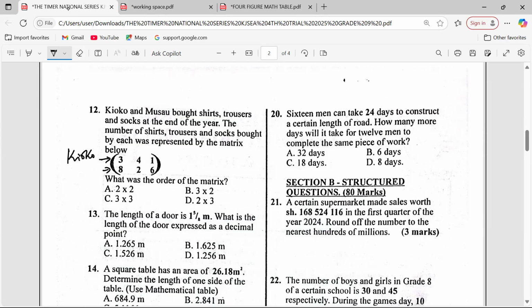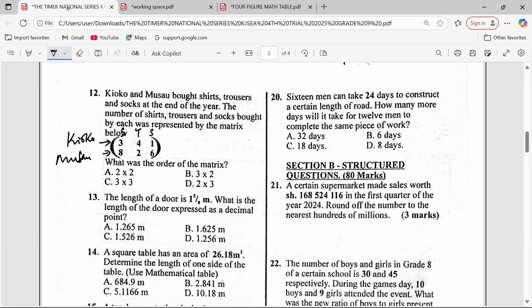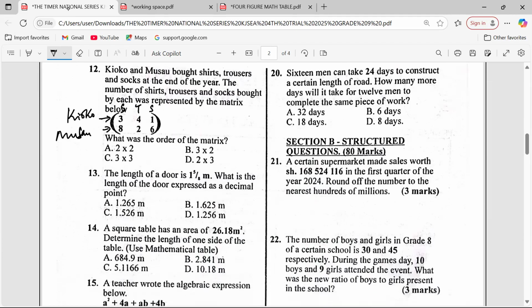Then the second row is for Musau. Then along the columns now, we can talk about shirts, trousers, and socks. Therefore, what was the order of the matrix?